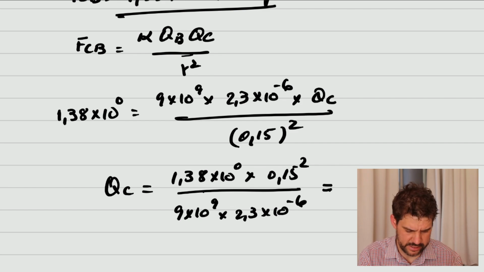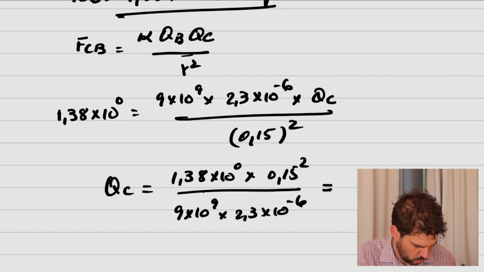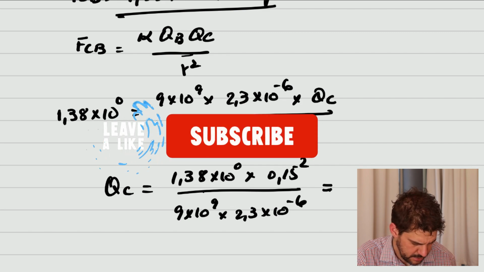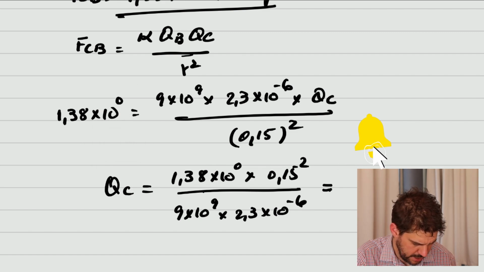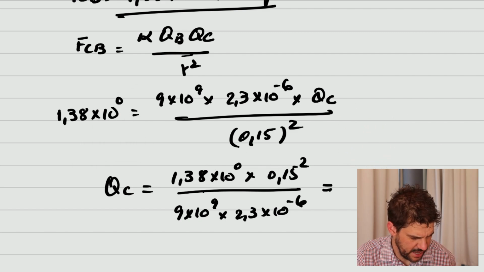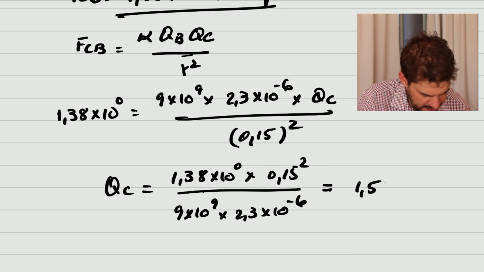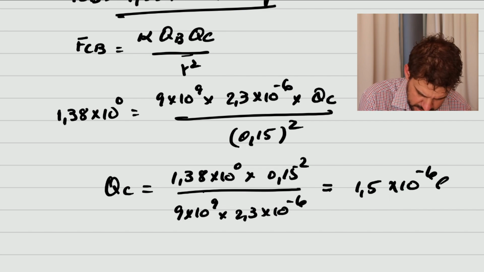I'm not good with the calculators, guys. 1,38 times 10 to the 0 times 0,15 squared divided by 9 times 10 to the 9 times 2,3 times 10 to the minus 6. Then the answer I get here is 1,5 times 10 to the minus 6 coulomb.